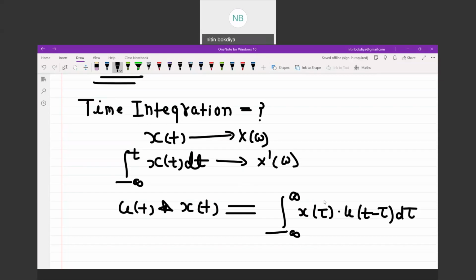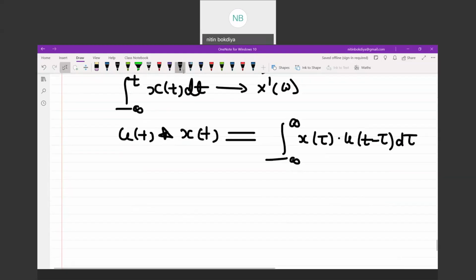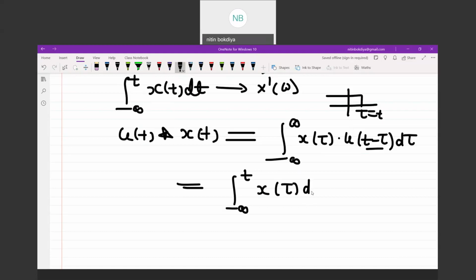This is the basic idea of convolution. And this is the integral from minus infinity to t, because u(t minus τ) starts from minus infinity and exists until τ equals t. So the integral from minus infinity to t of x(τ) dτ is equivalent to u(t) convolved with x(t).